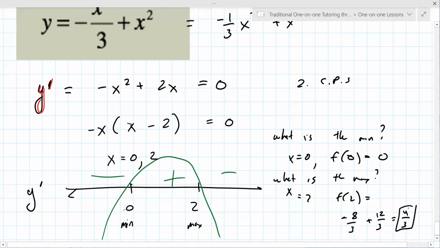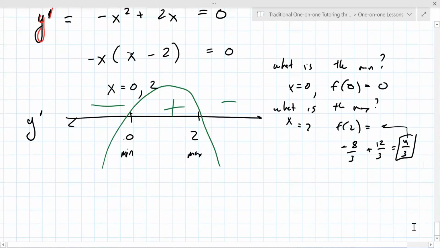So it's negative 8 over 3 plus 4, which is negative 8/3 plus 12/3, so positive 4/3. Yes.